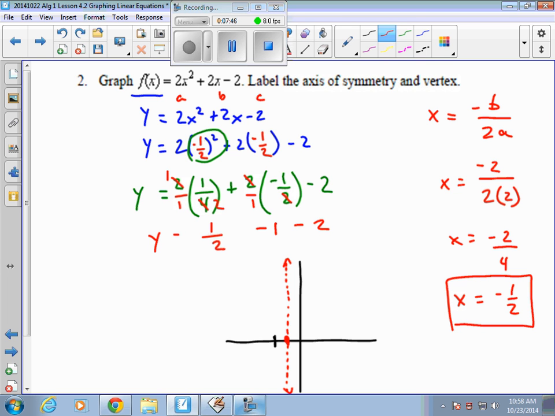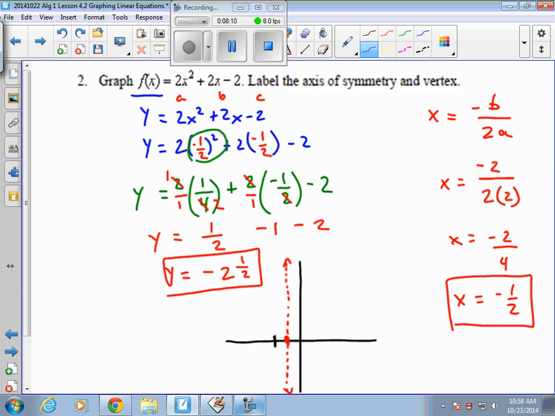So y equals 1/2 minus 1 will be negative 1/2. And negative 1/2 minus 2 is going to be negative 2.5. So when we put all of this together, it's negative 2.5. So what that does is it creates your vertex.